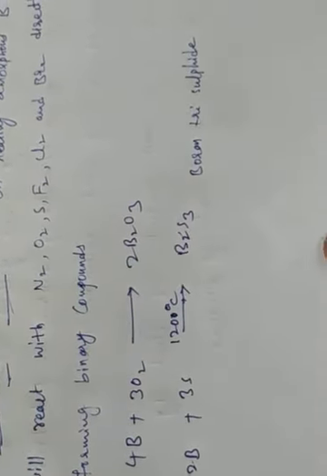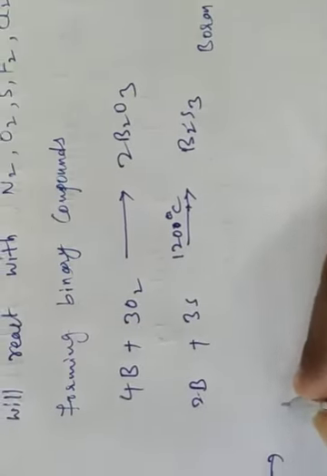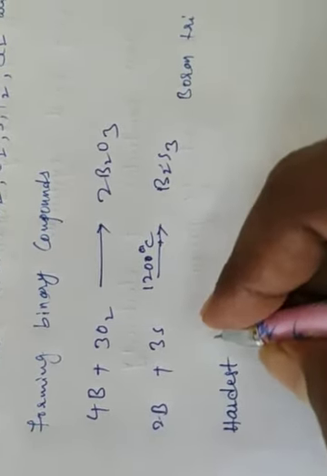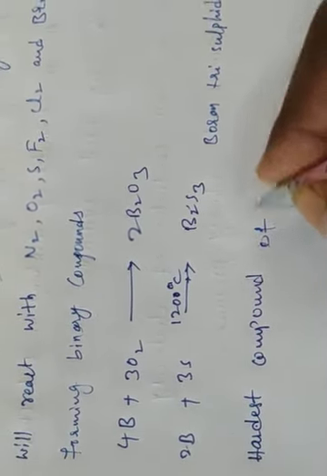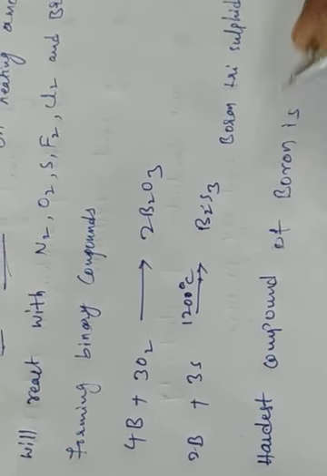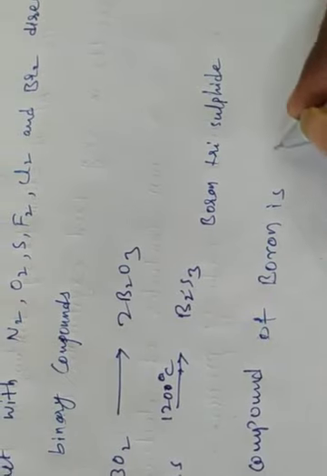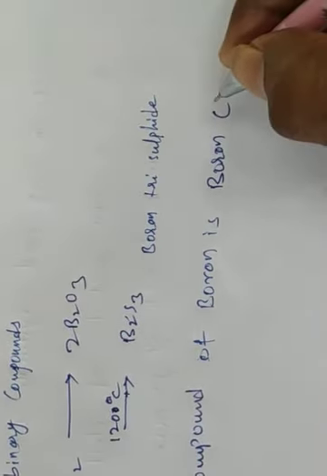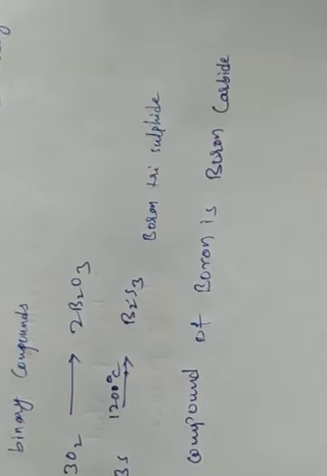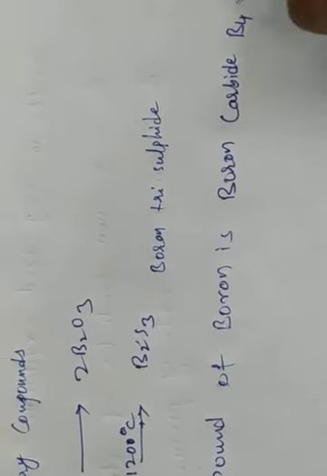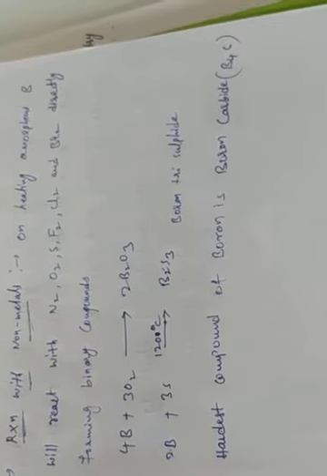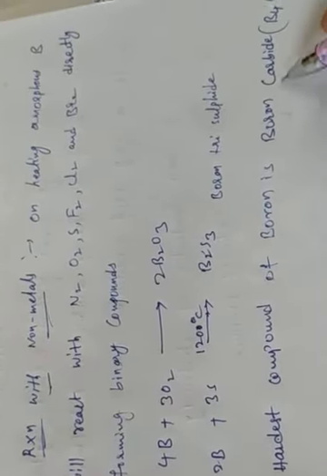The formula is B4C. So the hardest compound of boron is boron carbide, formula B4C.